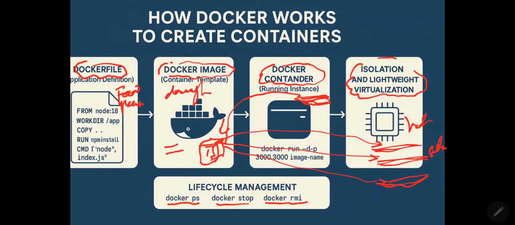Okay, the last one is isolation and lightweight virtualization. Before, with the Docker container, you just had one plate. This is one plate, and for isolation, you have many plates. Plate number 1, plate number 2, and plate number 3. This is just for example. You can put your noodle into plate number 1, 2, or 3.